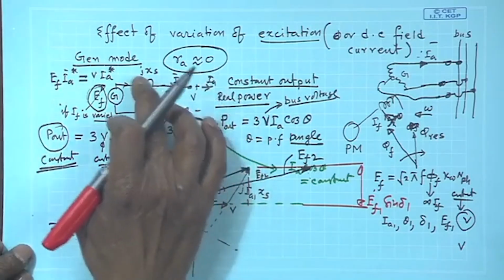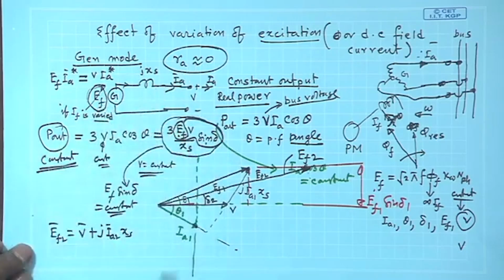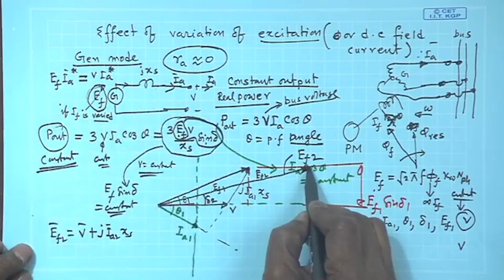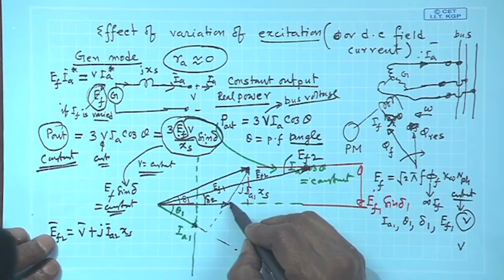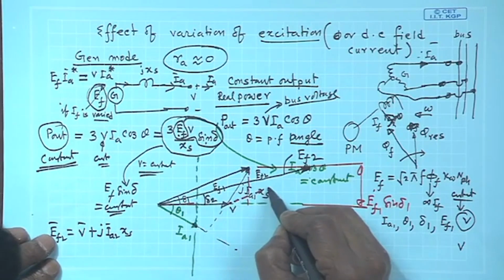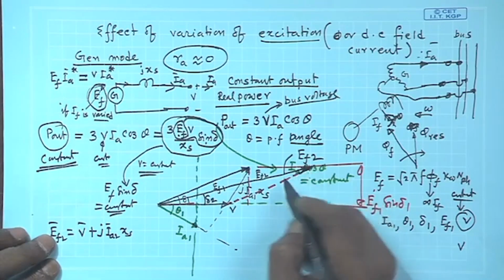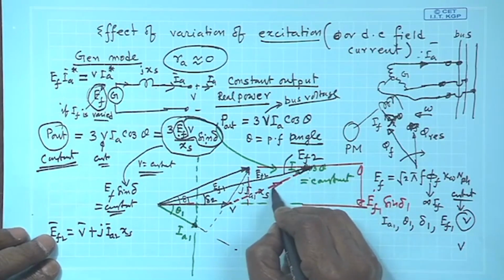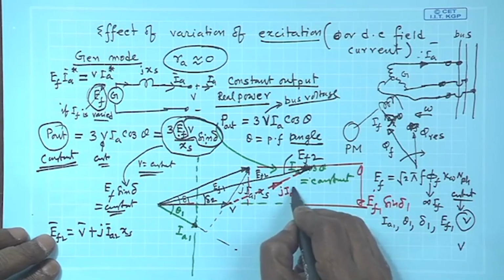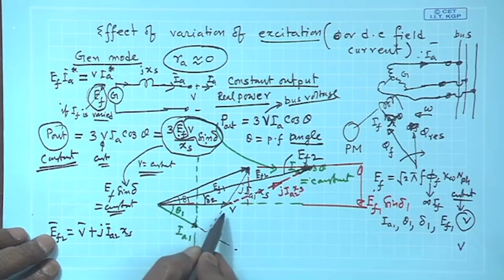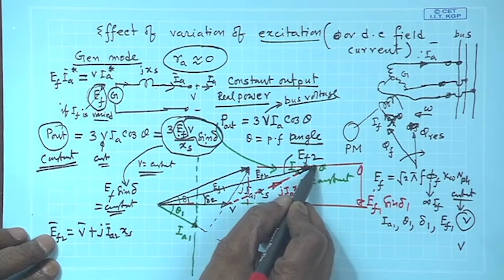V plus I a j x s is your E f, so E f 2 will be here. Then, follow me carefully, this length must be your j I a 2 x s, it has to be V plus j I a 2 x s that gives your E f 2.